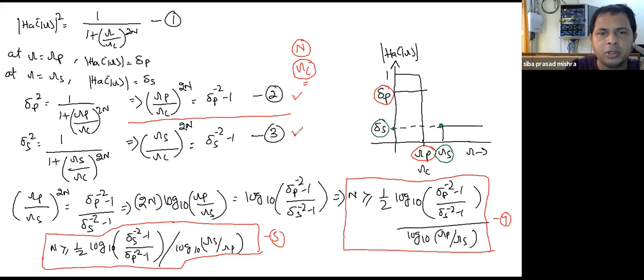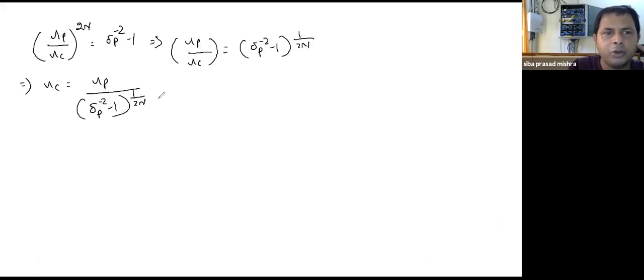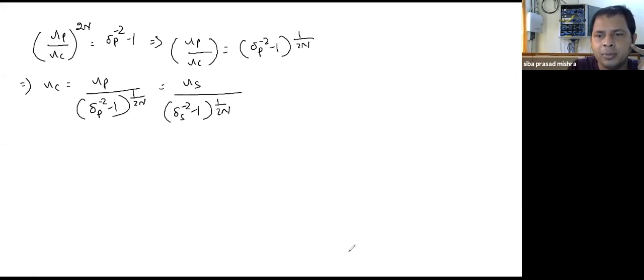If you use equation 3, you will get omega c equals omega s divided by (del s to the power minus 2 minus 1) whole power 1 by 2n. Same thing. So this is the formula to find omega c.